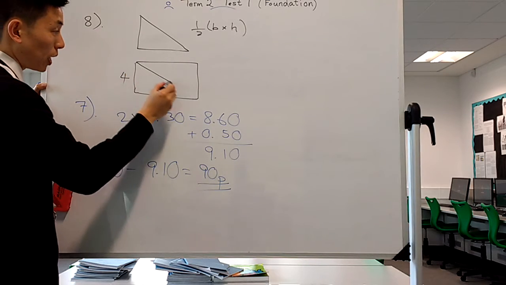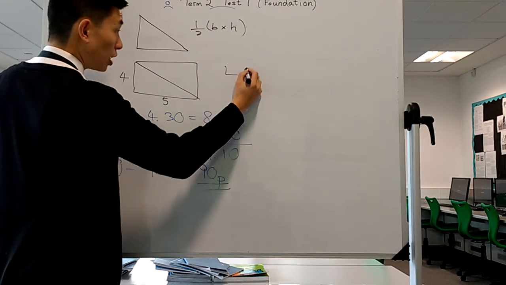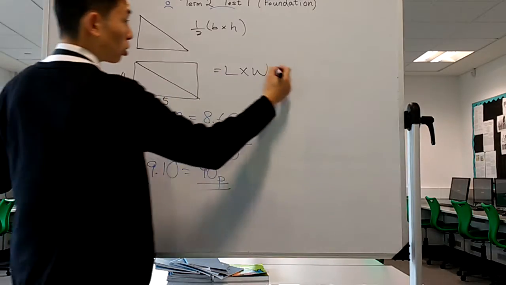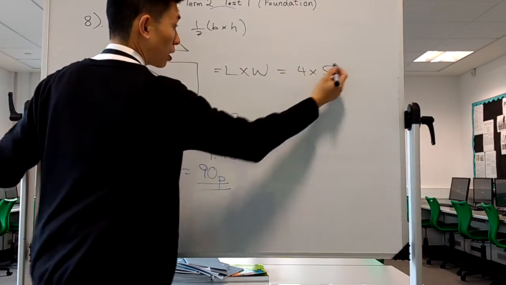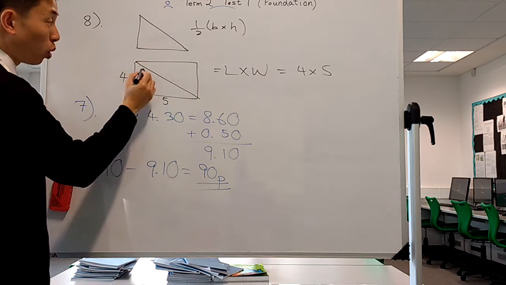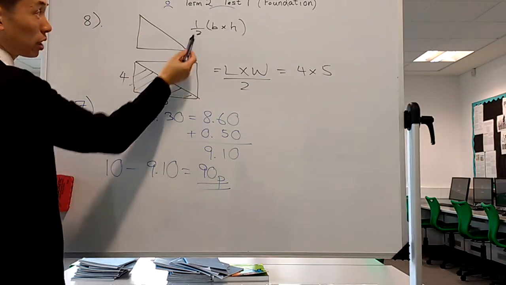Because you only want this bit, you can first find the area of a rectangle, which many people know. Length times width is the rectangle area. So you just do 4 times 5. But because that will give me everything in here, I just want half. So I halve it. And that's what this is.